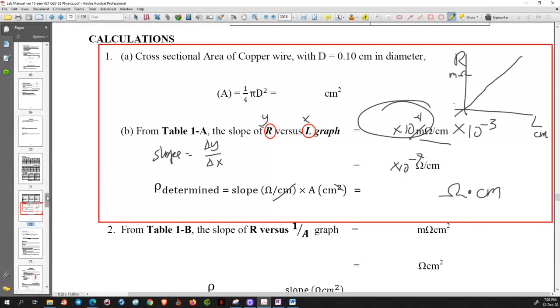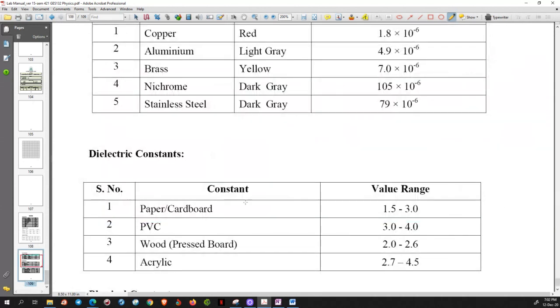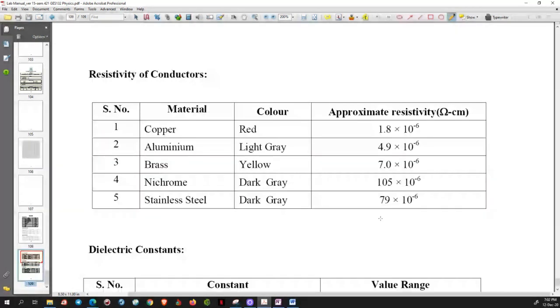If you go to the back of your book, the real value for the resistivity, what's the unit? Ohm by centi. And this value is for copper. For brass, here, is also ohm by centi. These numbers will be given in the exam. You have to know which one is for you, copper or brass. Clear?